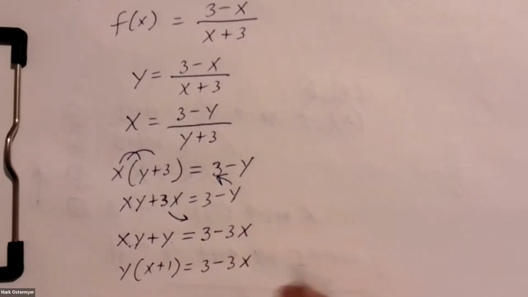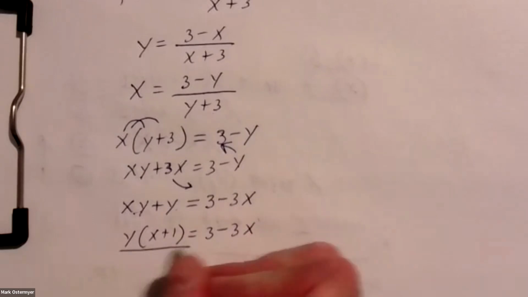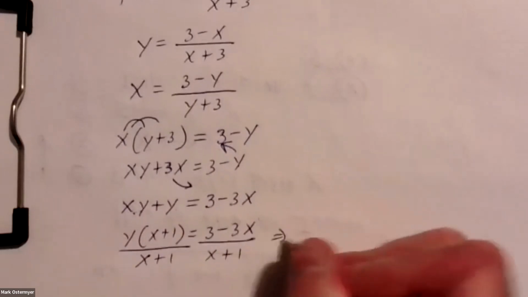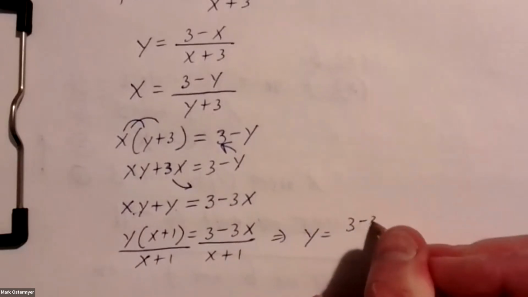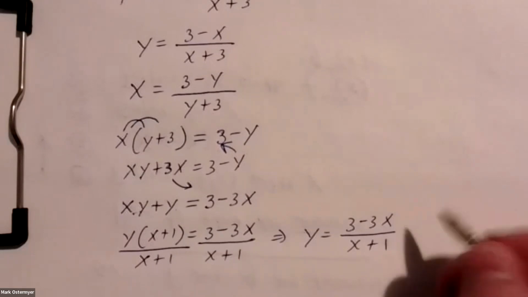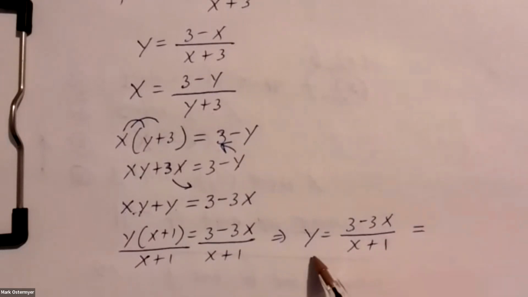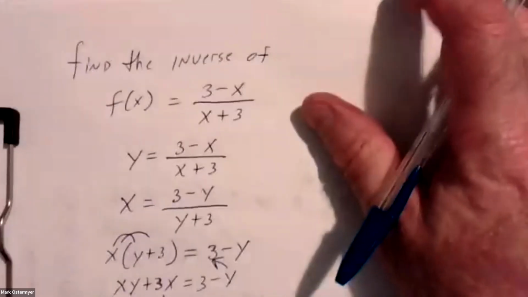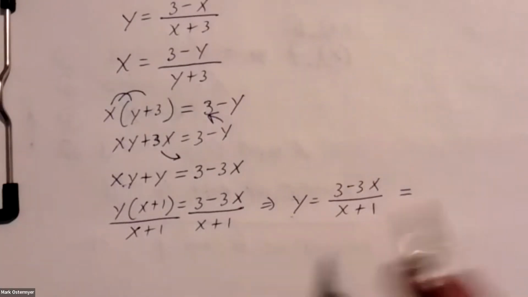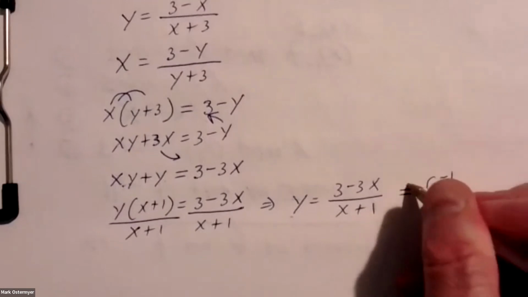And now how do I solve for y? I divide both sides by x plus 1. And I got it. So therefore, y is equal to 3 minus 3x over x plus 1. Last step is to replace y with appropriate inverse functional notation. Since my original function had f of x, I must replace y down here with f inverse of x.